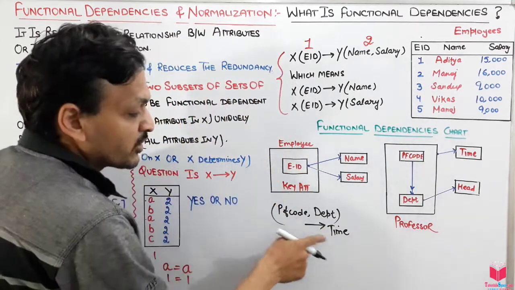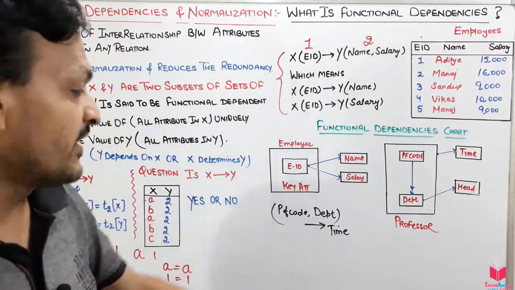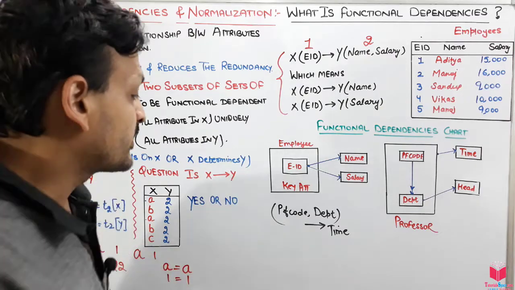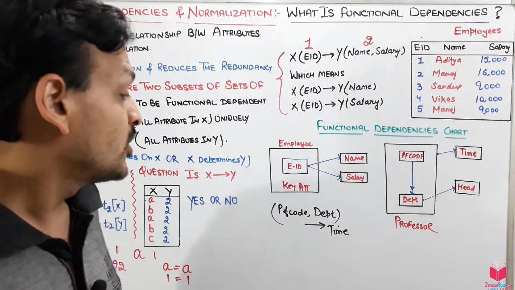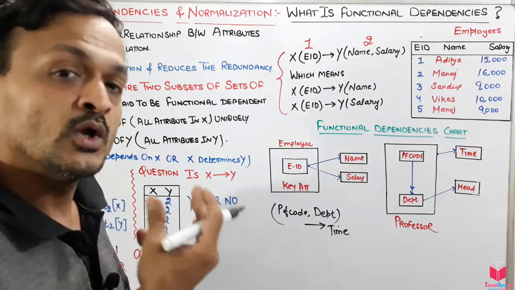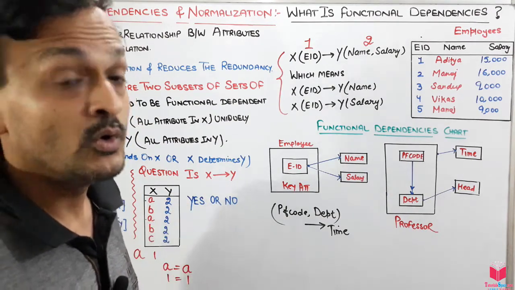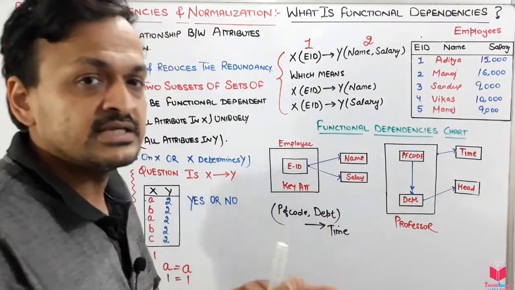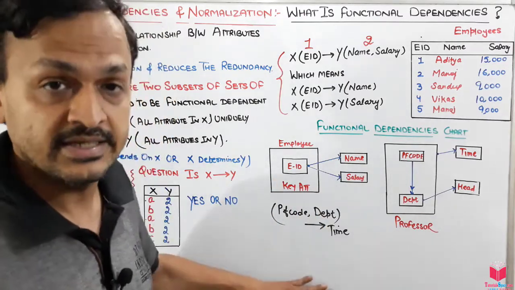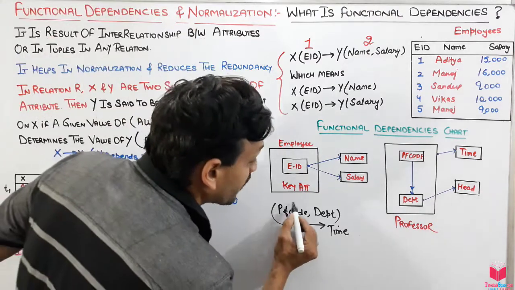Okay, one of them cannot uniquely identify the time. You cannot say this is the PF code, tell me the time. No, you cannot find it. Or you say this is a department name, tell me the time. No, because this professor code works in this department. What is exactly its time? So yes, you have to take both values.